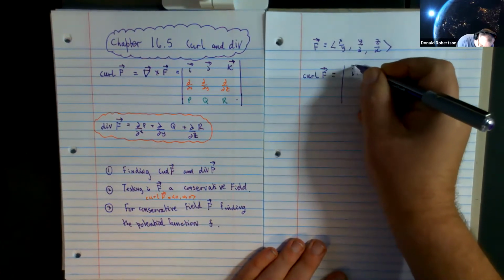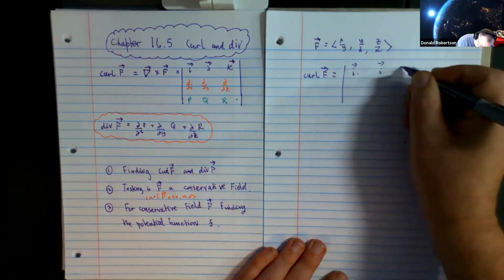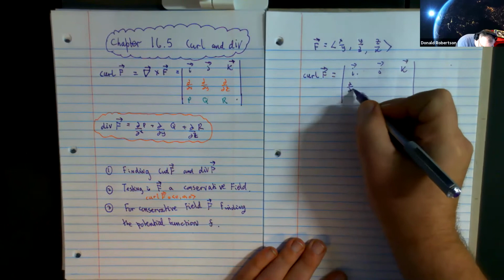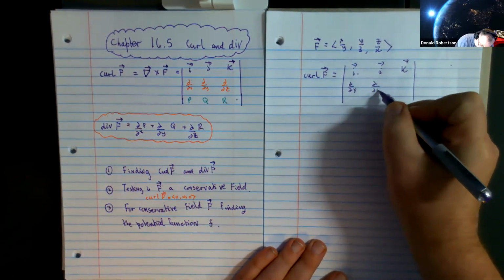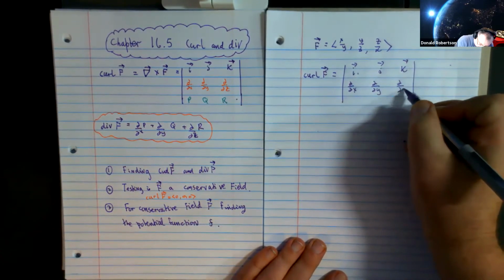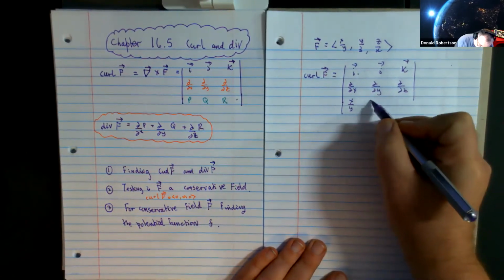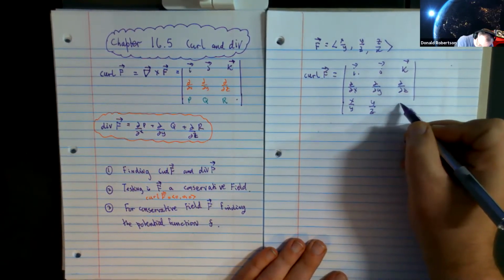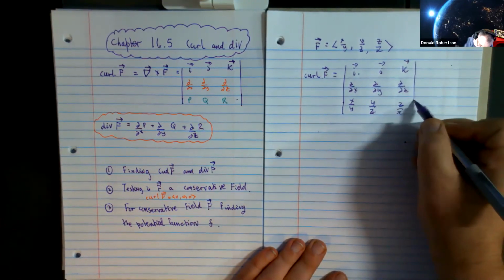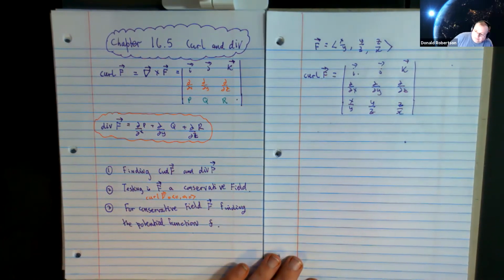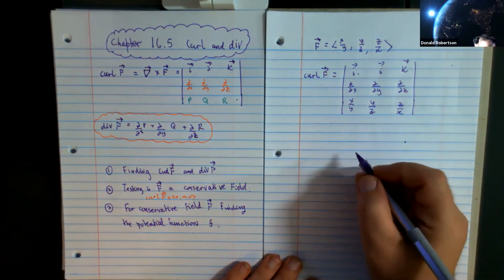So it's going to be i, j, and k. I won't do the colour scheme, it takes too long. The operator for the grad, and an x over y, a y over z, and a z over x. Now let's see what we get here.